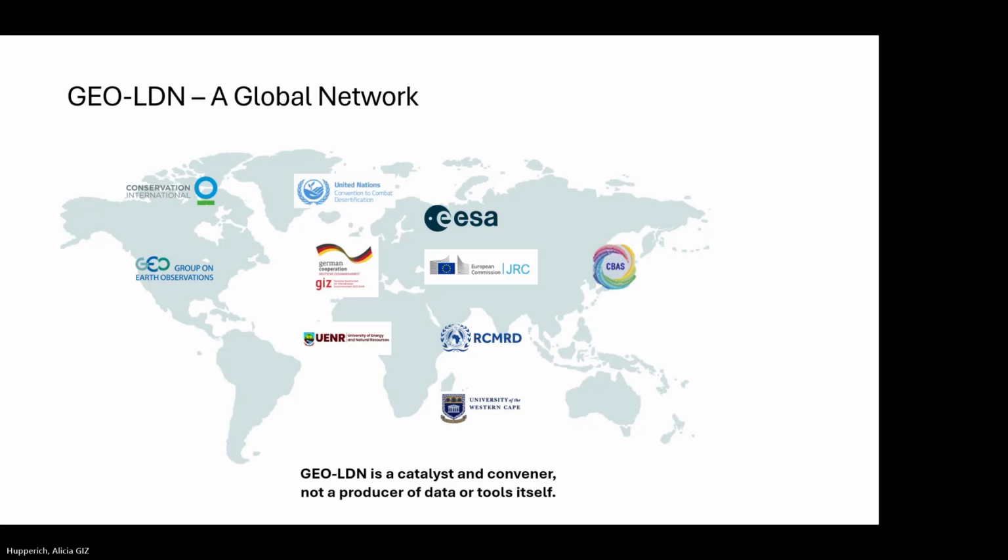We just wanted to have the logos of the key partners on the grid. So you see, it's quite a variety of international NGOs, universities, regional partners, space agencies. CBAS in China is the center for big data for the Sustainable Development Goals.